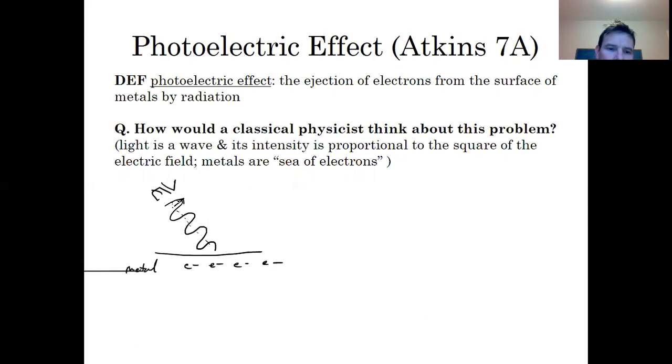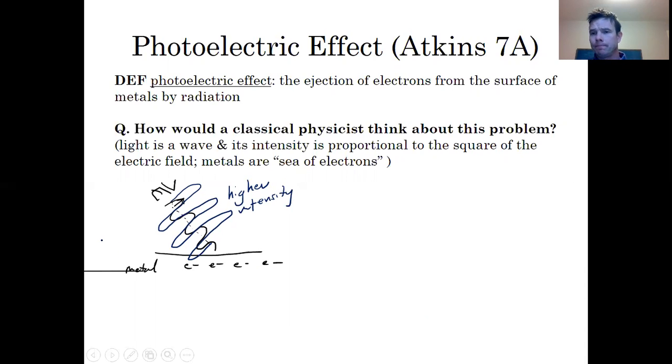This would be some higher intensity wave. And so what you might anticipate is that if I increase the intensity of the light high enough, it would shake the electrons, and at some point it would rip them off.